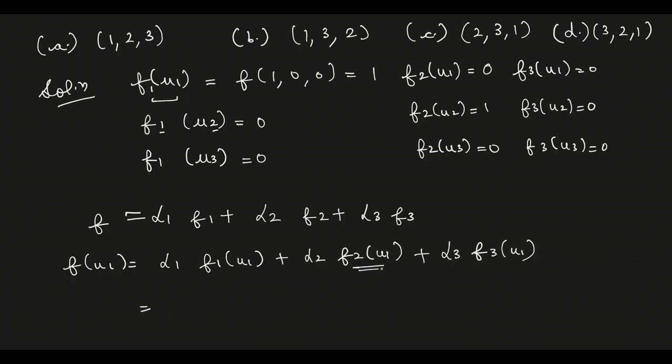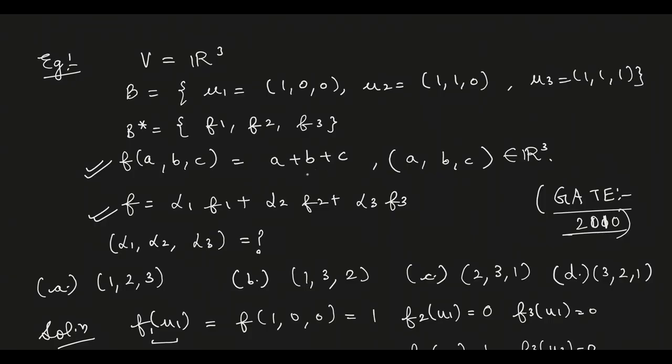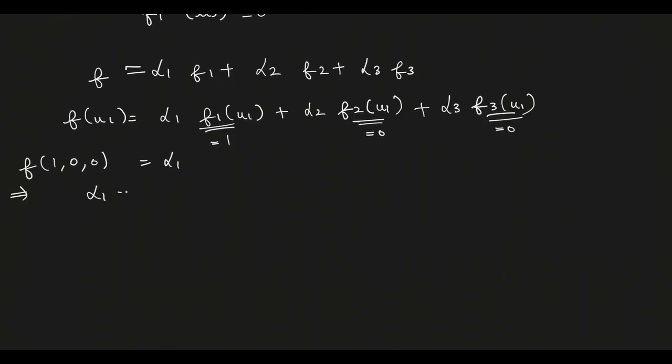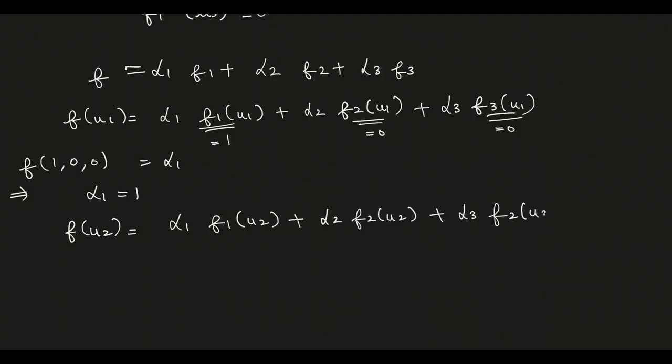So this will be 0, this will be 0, this is 1, and f(u1) is f(1,0,0), so from here a plus b plus c, because f(a,b,c) was defined as a plus b plus c, so alpha 1 is 1. f(u2): alpha 1 f1(u2) plus alpha 2 f2(u2) plus alpha 3 f3(u2).